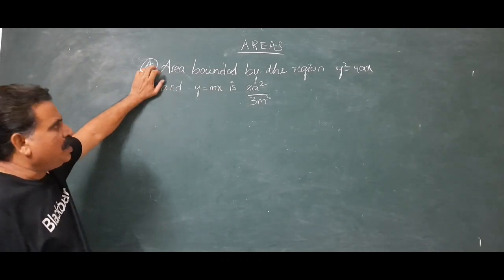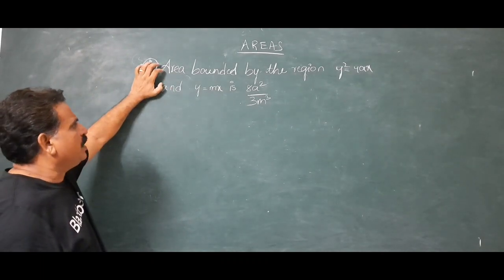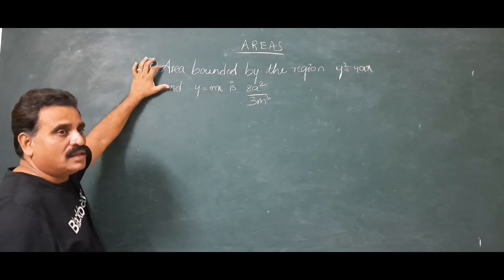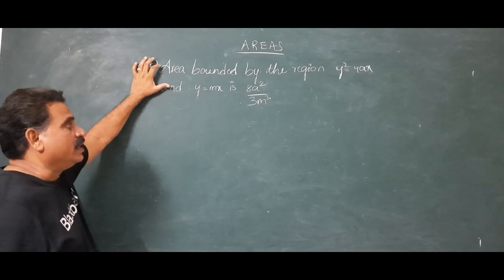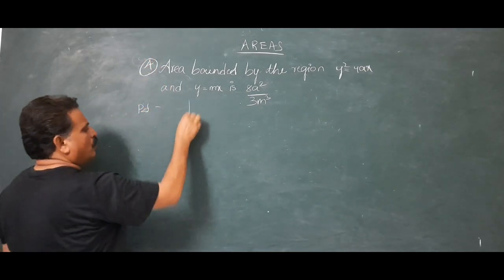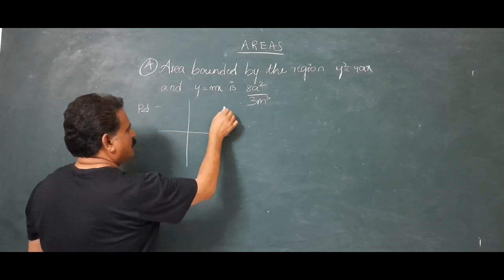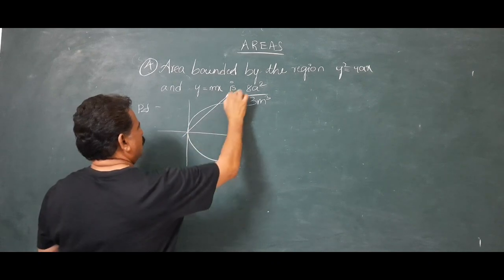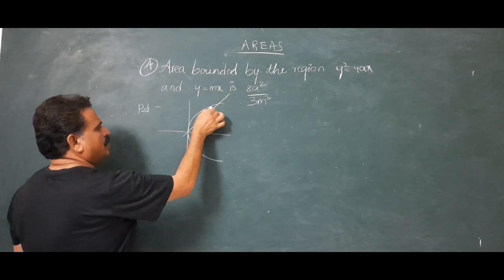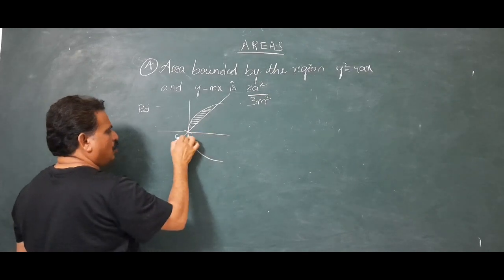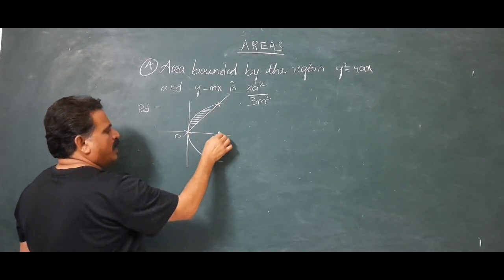Fourth point. The area bounded by the region y² = 4ax and y = mx is 8a²/3m³. You know the graph of y² = 4ax is a right-turn parabola, and y = mx is a line passing through the origin.